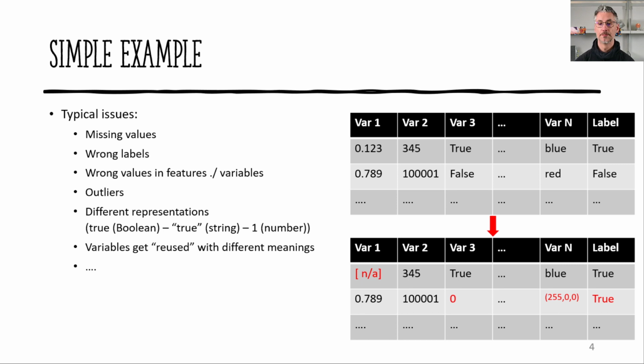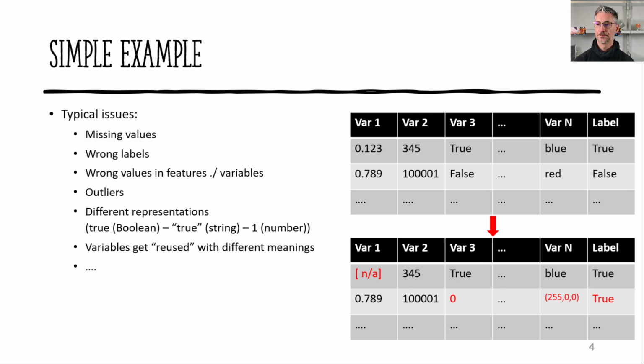That can include missing values or wrong labels, or we can have wrong values in our variables. We can maybe have outliers and need to think about if these outliers are a data quality issue or just very rare events. We also have, in typical applications, data stored in different formats.